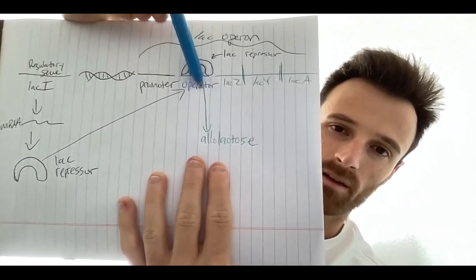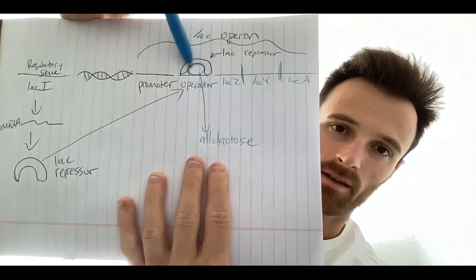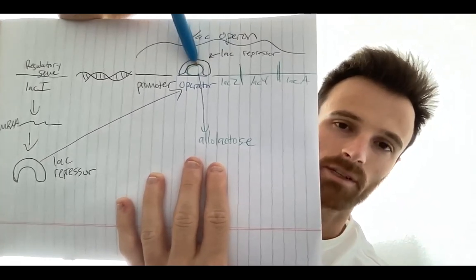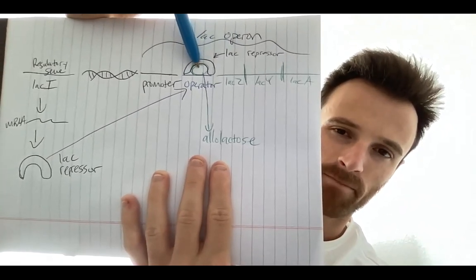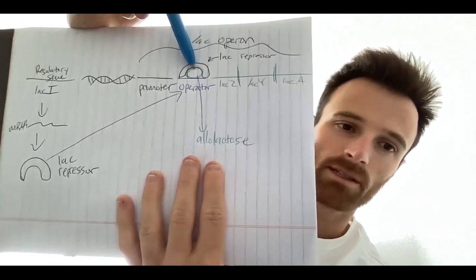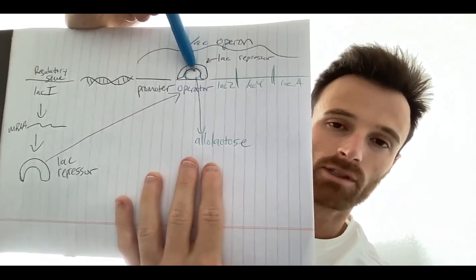But it's going to go to the operator here and bind to the lac repressor protein. And what happens is the repressor will lose affinity for the operator and detach.